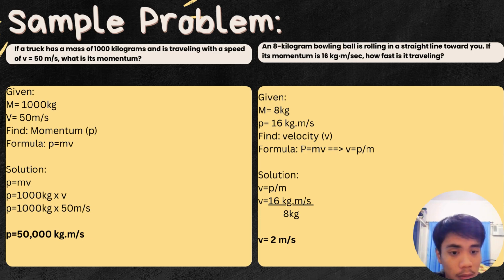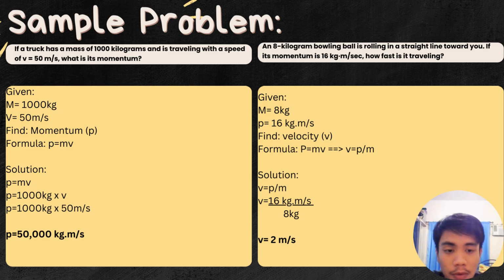In this case, we will find velocity. Even though we're talking about momentum here, we can also derive velocity from the formula of momentum, which is p equals mv.